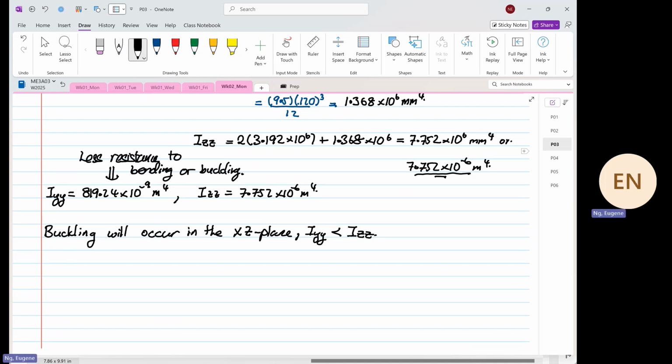Okay. Just to quickly recall, if you look from the front view, right? If we need to bend the structure in this way of loading, relative to this way of loading, yes or no? The reason is because of the depth.